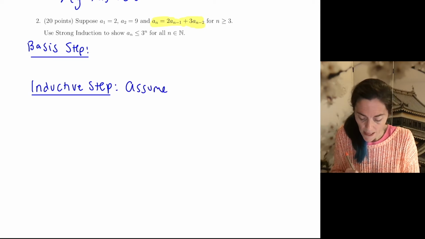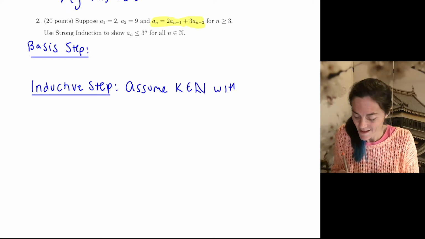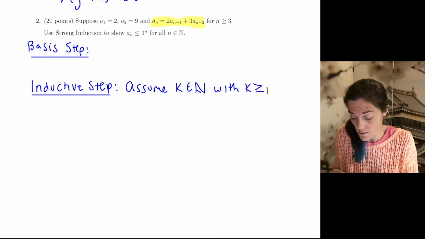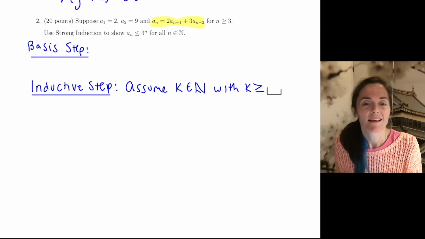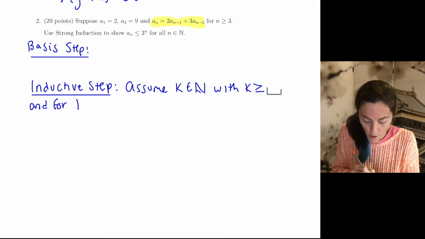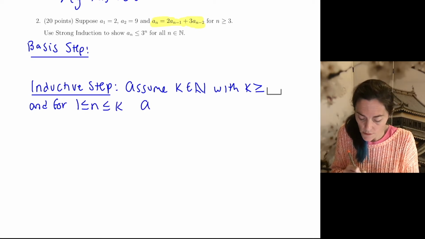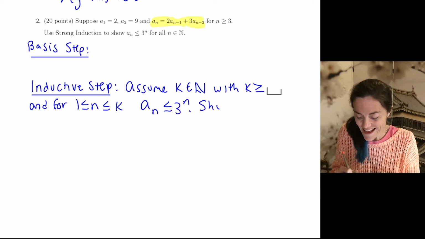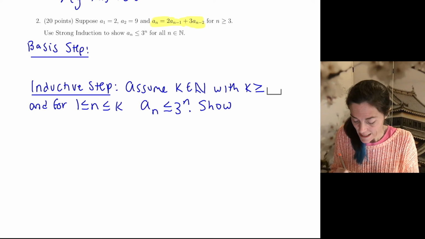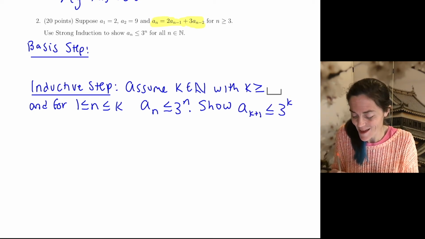Assume we have some integer k bigger than or equal to, and I will fill in this part in just a moment, for which, for 1 less than or equal to n, less than or equal to k, this holds: an is less than or equal to 3 to the n. We want to show for the very next one, namely that a k plus 1 is less than or equal to 3 to the k plus 1.